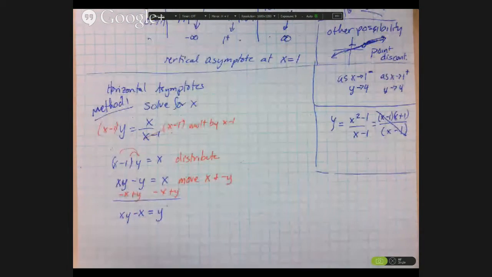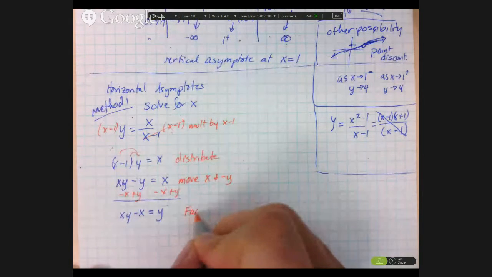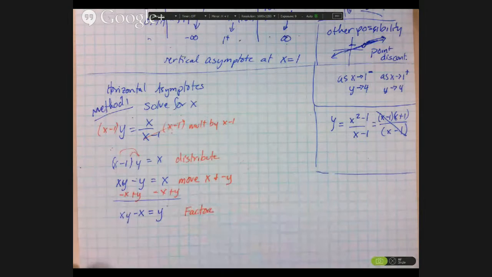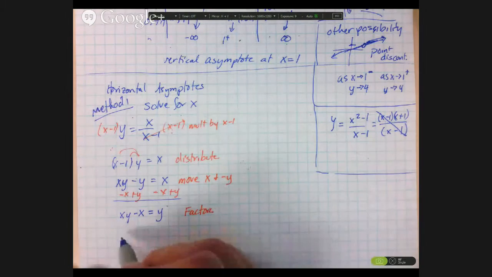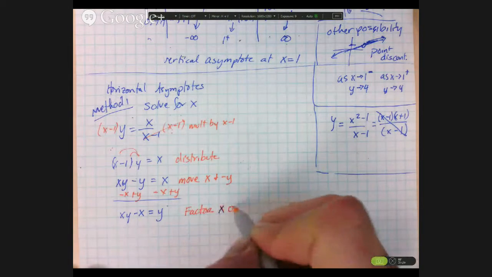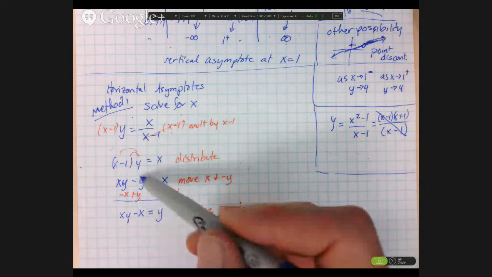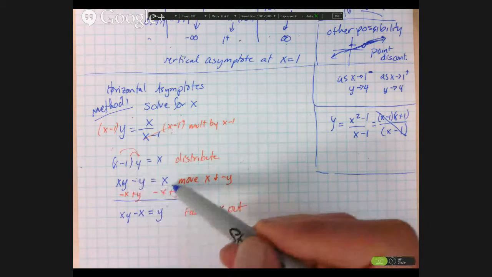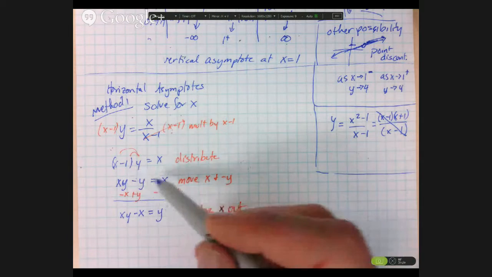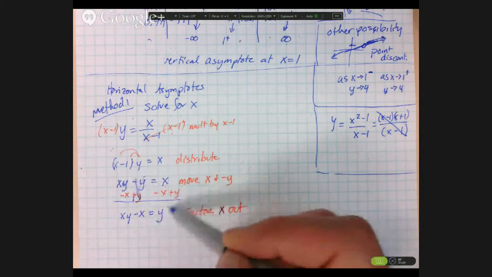Are you okay? You still with me? Okay, we're going to factor. If you move x, because I moved this y over here, so I had to add it, so those cancel. So it becomes positive y over here.